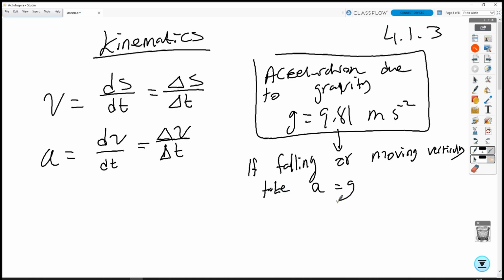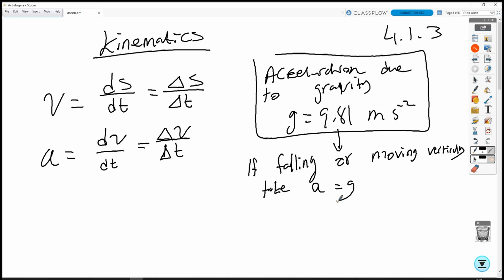So for example, if we throw something in the air, it's not accelerating upwards. It might be moving upwards initially, but it's constantly accelerating downwards. Hence why when you throw something in the air, instead of speeding up as it goes up, it slows down. Then at some point it stops, and then it falls back down again.